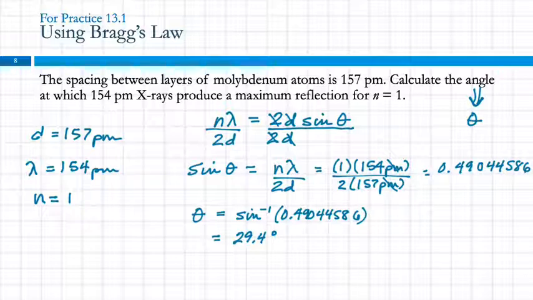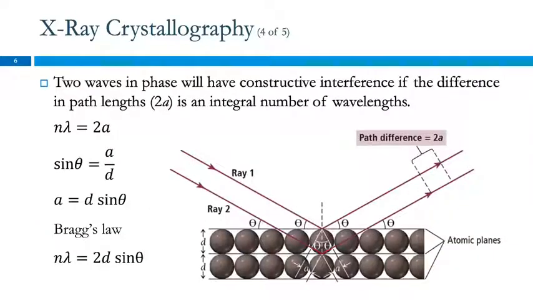Any questions? Yeah. That's a good question. Why did I assign these the way I did and not the other way around? So the sentence here says the spacing between layers is 157. And so that's the definition of D. If we go back and look at this, D is the distance here between the two layers.